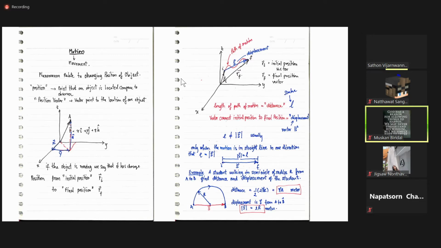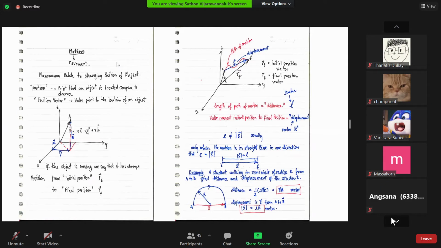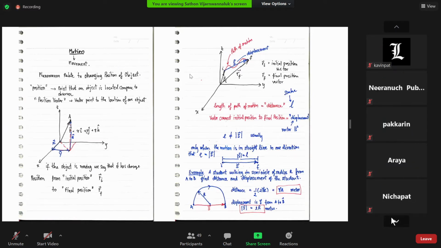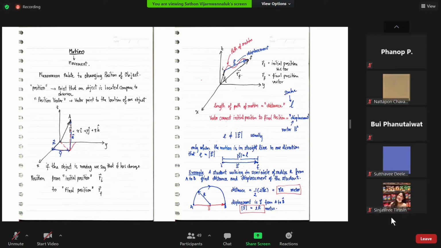Distance is a scalar quantity, only the length, the magnitude. But displacement is a vector quantity, and displacement consists of both magnitude and direction.